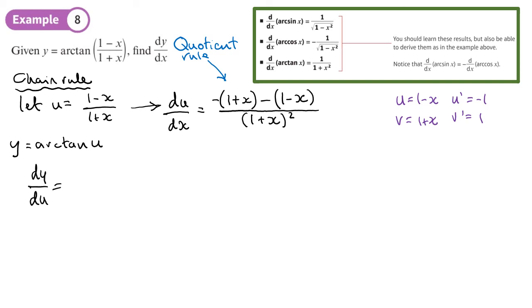We now want dy/du. So we use the standard result up here. So the derivative of arctan u is going to be 1 over 1 plus u squared.